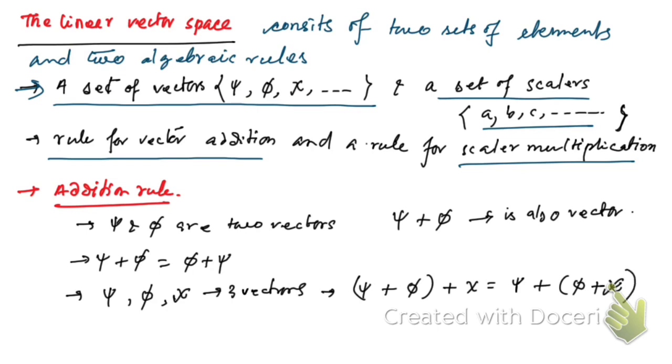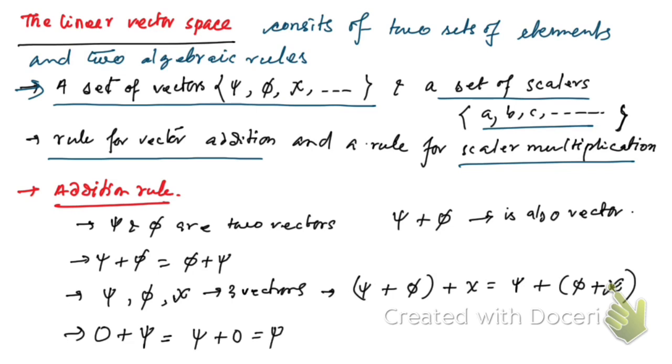This rule also must be obeyed. Then there must exist a 0 vector such that 0 plus phi, or phi plus 0, gives again phi.